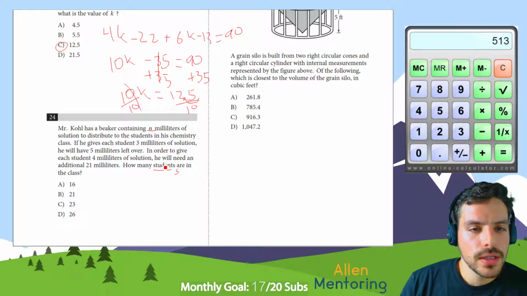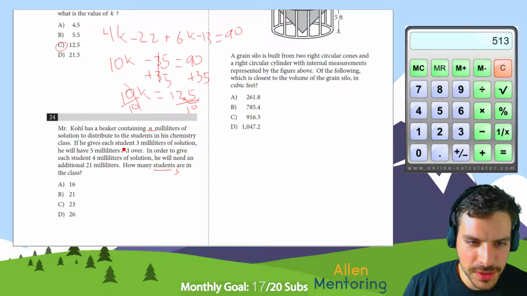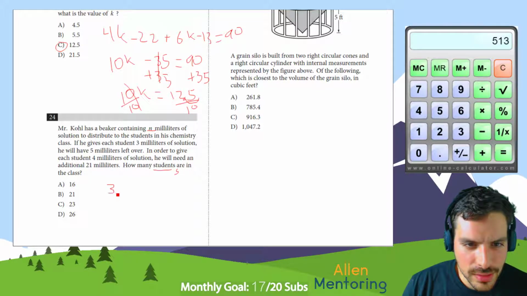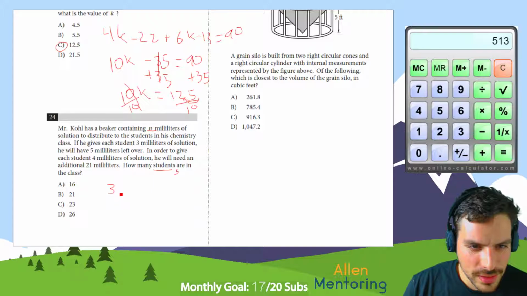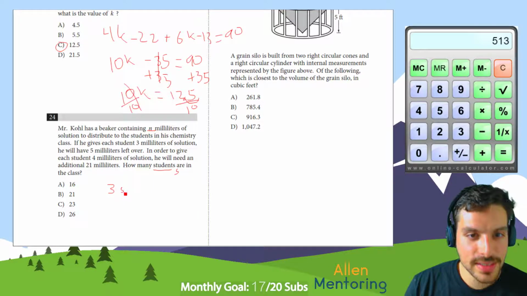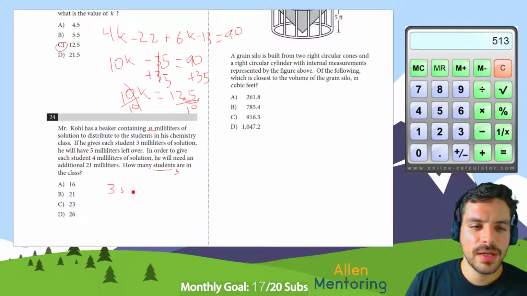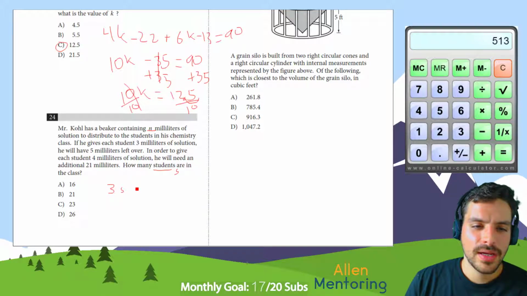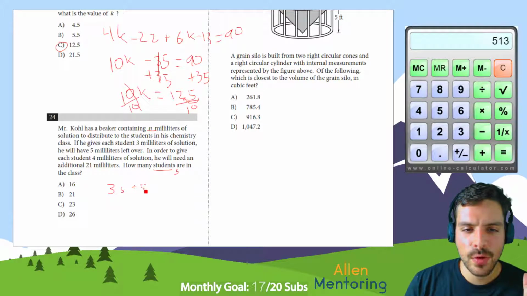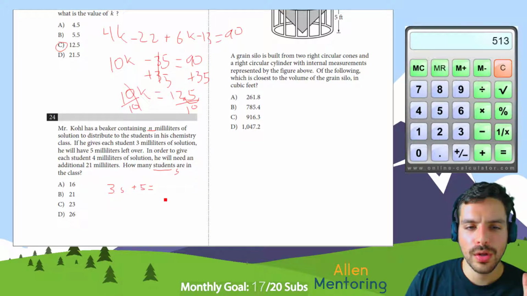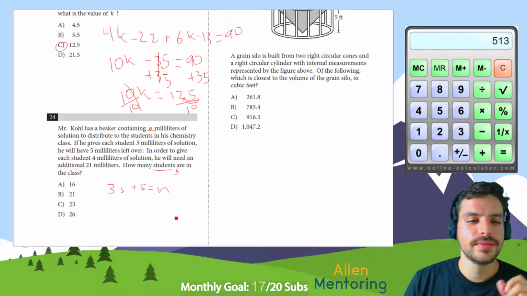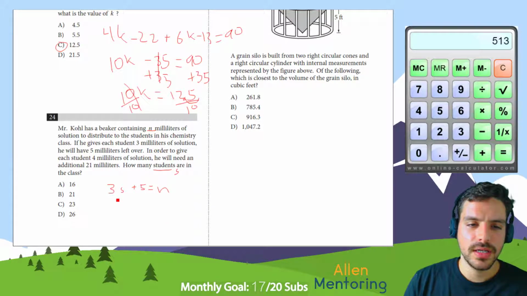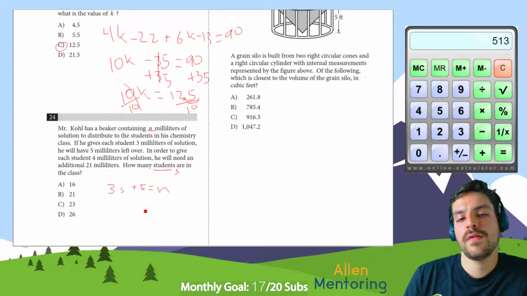Okay, so let's set up this equation. If he gives each student 3 milliliters of solution, so 3 times s, he will have 5 milliliters left over. So if he gives each of them 3s plus the 5 that is left over, we'll see the total amount of milliliters n. Okay, I hope that makes sense. Each student gets 3 plus there's 5 left over, so that's the total.